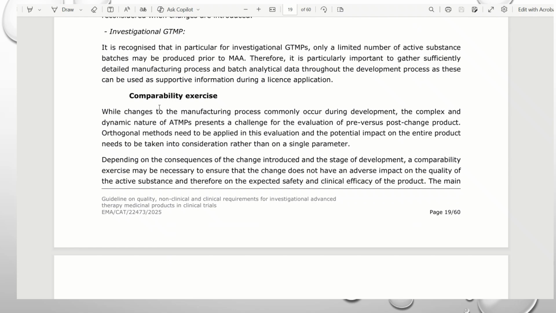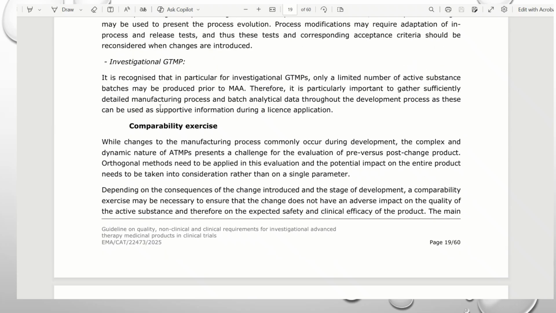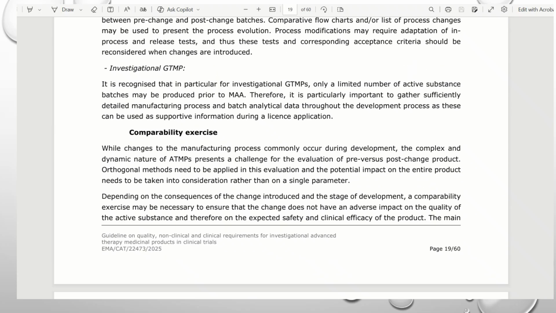The extent of data that's going to be required for this is going to be dependent upon the phase of development that you're at. How far down the development pathway are you? If you're earlier on, then you don't have to provide that much, but further down, you have to provide a lot, and it's going to be difficult to make changes during an initial marketing authorization application because of the complexity of these products.